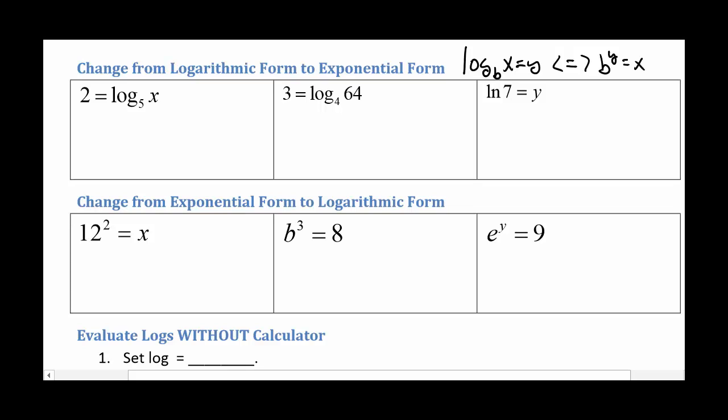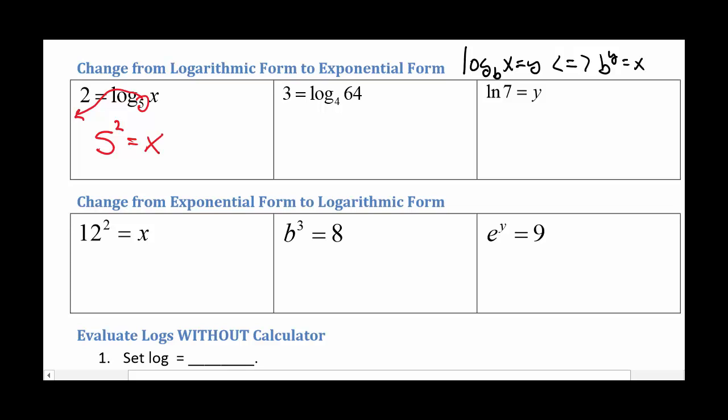Just to remind us of how that goes. Alright, so 2 equals log base 5 of x. Let's convert that into its exponent form. One easy way to think about that: I'm going to take that base and bring it underneath the 2. So that translates to 5 squared equals x.